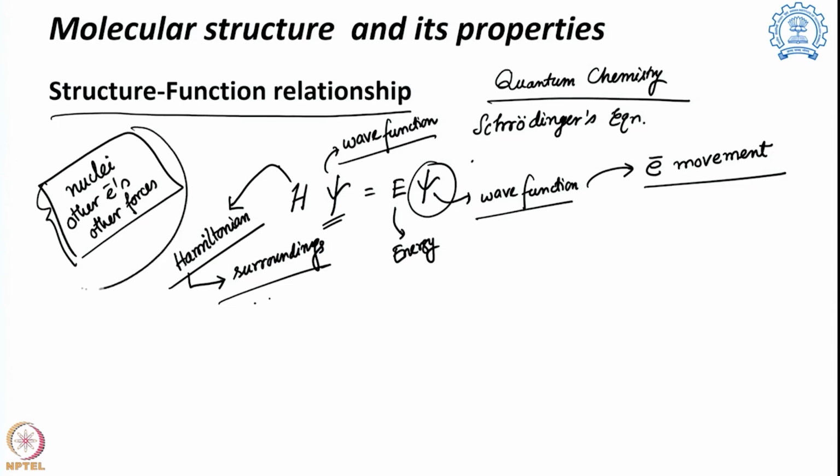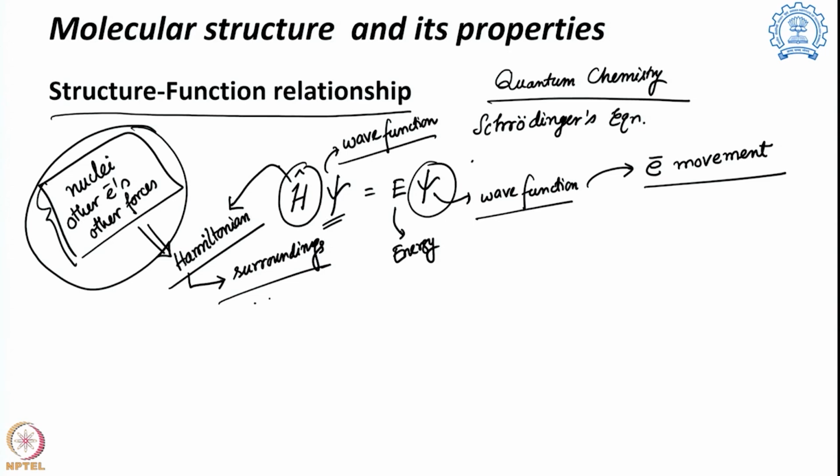If I can define the presence of nuclei, other electrons or other forces around the electron, this is nothing but the Hamiltonian. So, the Hamiltonian operator defines how my electron is surrounded by different factors which can control the movement of the electron.